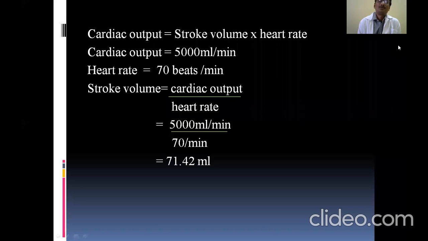In this case, about 5000 ml per minute and the heart rate being 70 per minute, the stroke volume comes to around 71.42 ml. So if you know cardiac output and the heart rate, we can calculate the stroke volume. Or if you know cardiac output and stroke volume, we can calculate the heart rate. So let us see the next problem.